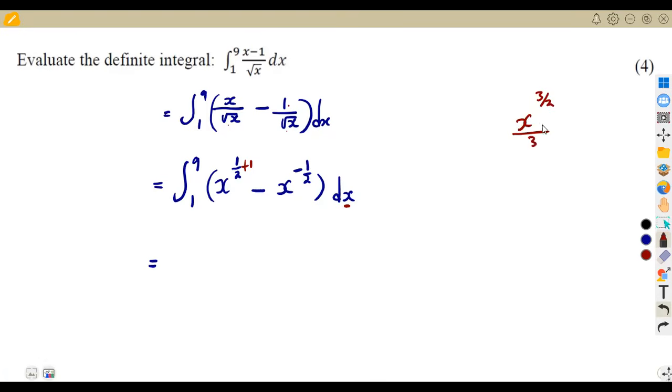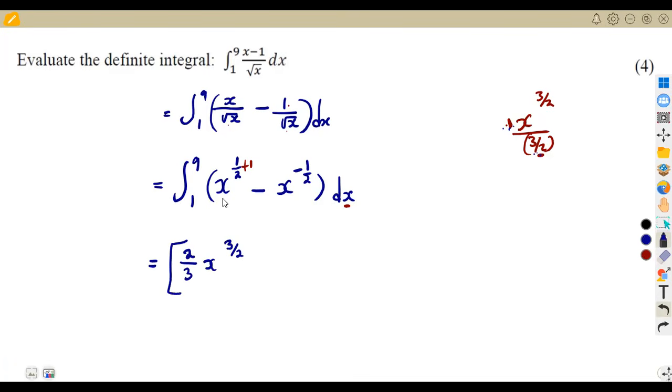Then we divide by the same exponent, which is 3 over 2. This is the same as 1 divided by 3 over 2, which gives us 2 over 3. We are no longer writing the integration sign because we have already integrated here. So it's going to be 1 over, we divide this part, and we remain with x to the exponent of 3 over 2.